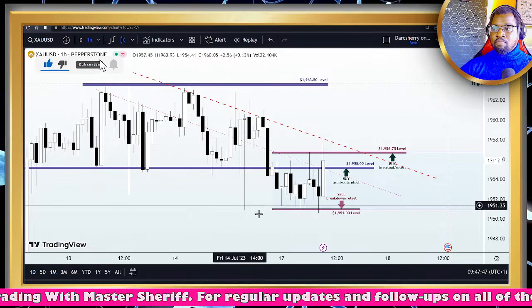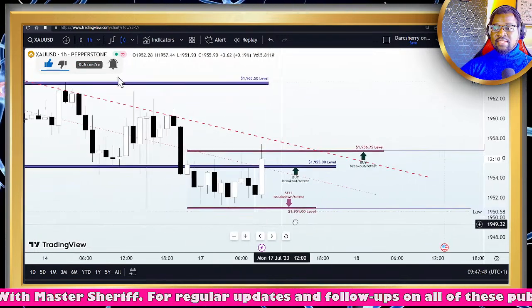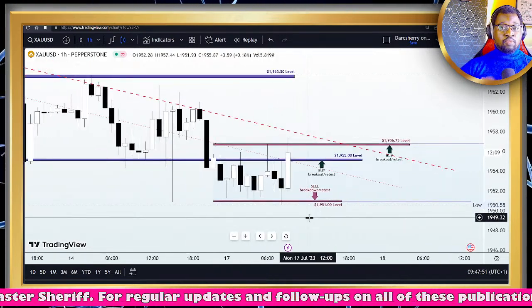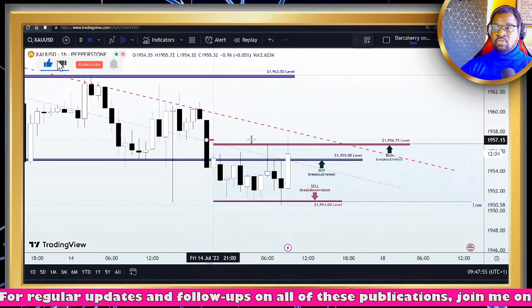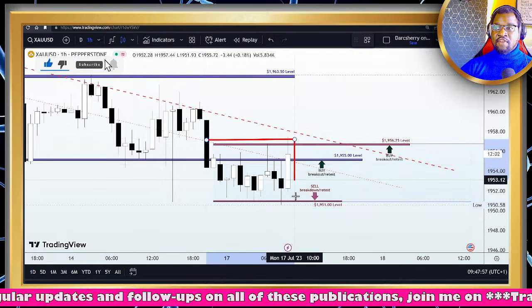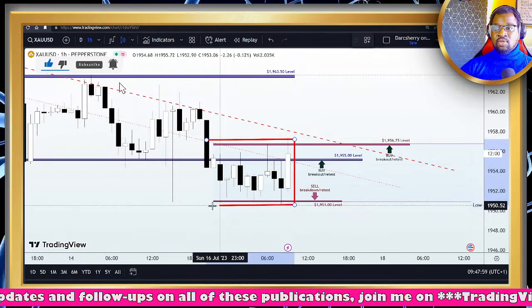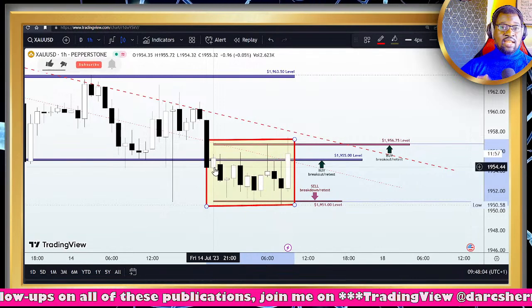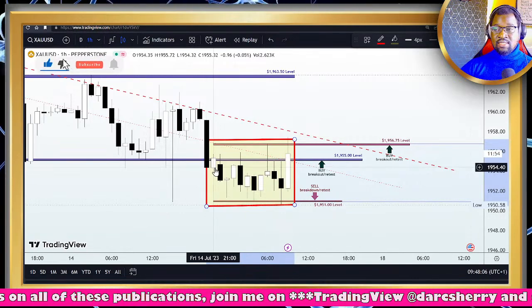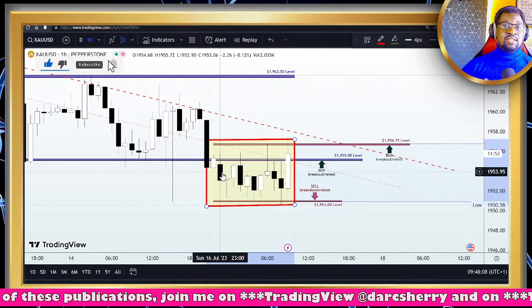Now, besides the trend line here, there's another structure we were able to spot this morning, and that is the range between the $1,956.75 and the $1,951 level, giving us an insight into the level of indecision at this point in time. And you know how we do it in this community.